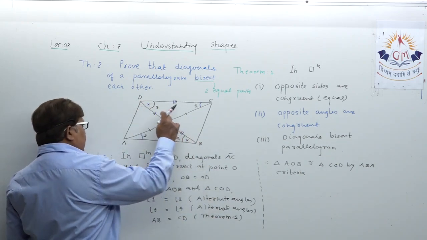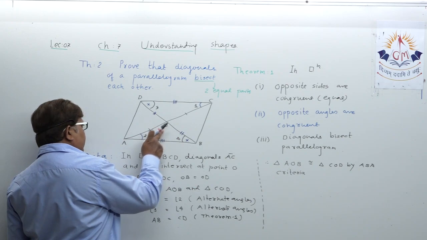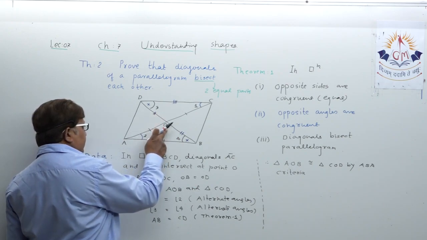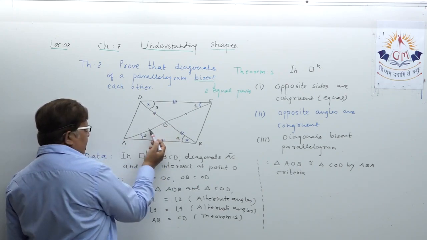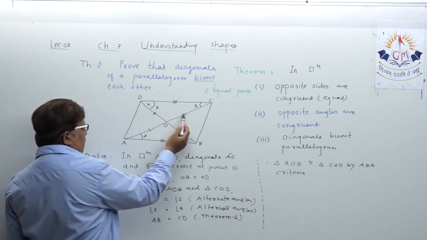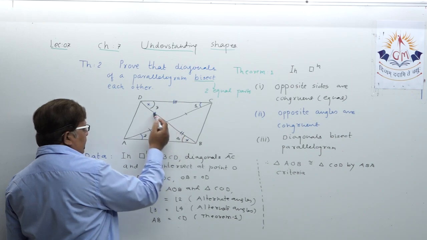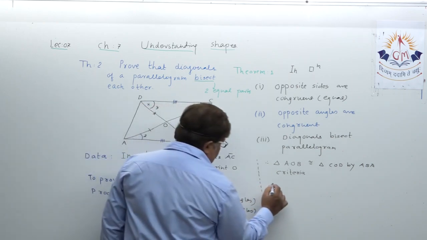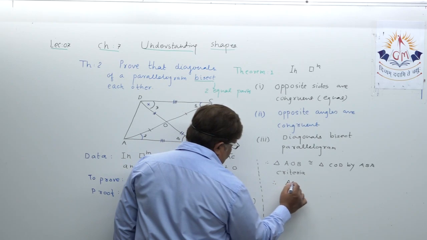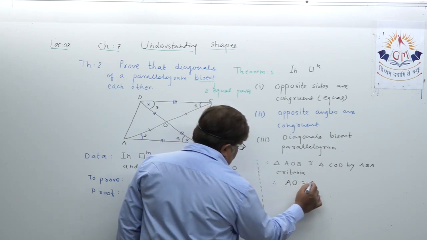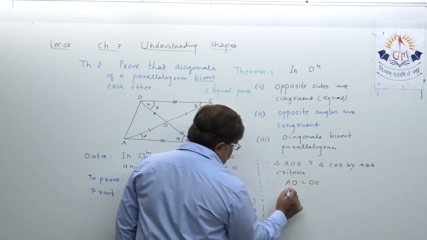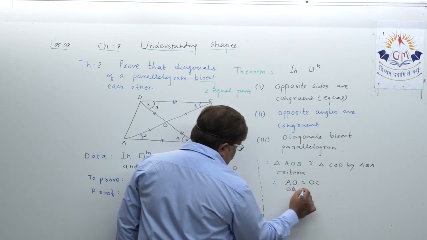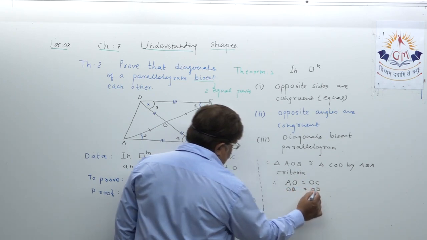Now, because these two triangles are congruent, the remaining sides are congruent, meaning AO equal to OC, OB equal to OD. Therefore, AO equal to OC, OB equal to OD.